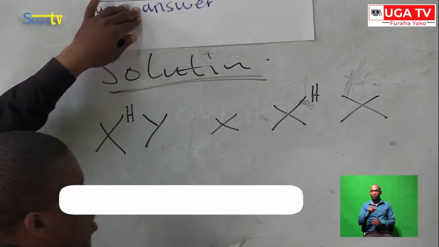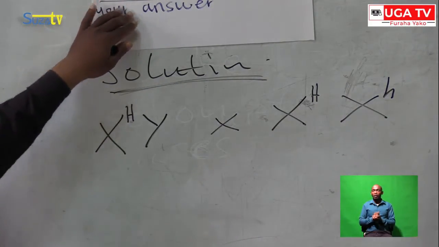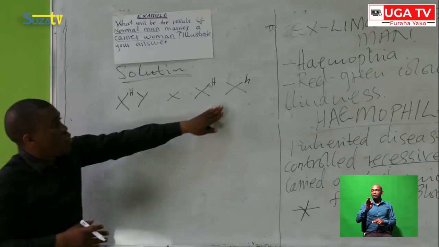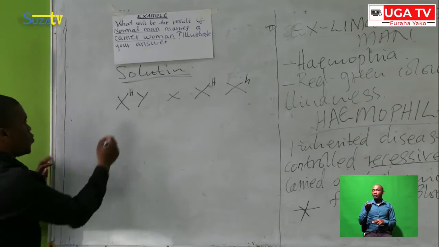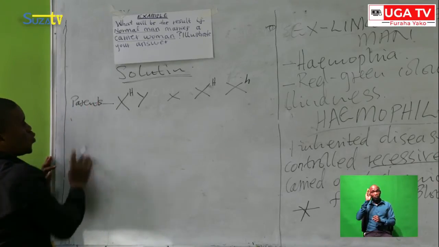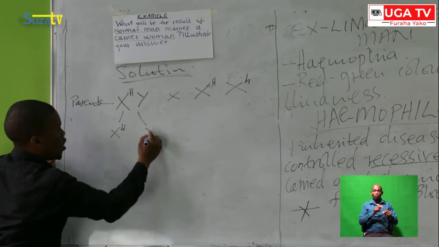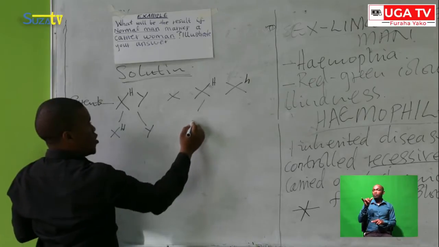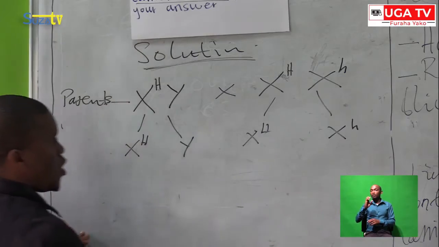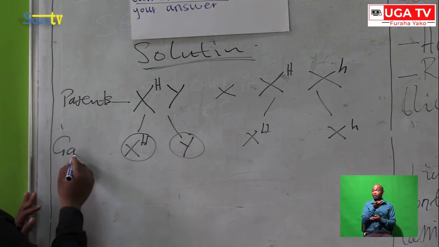We write here a dominant gene, and here we put a recessive gene because she is a carrier. So these will be the parents. We put this here and this here, and this chromosome will come here. So this one we may call a gamete.